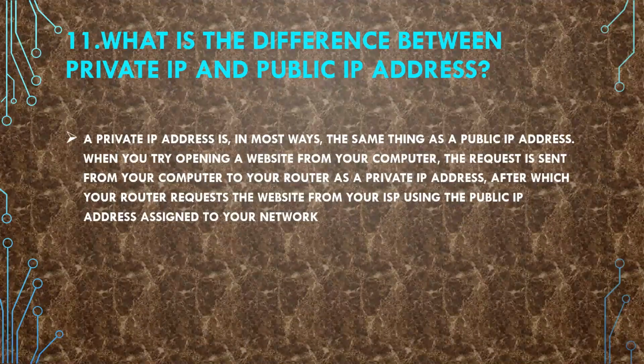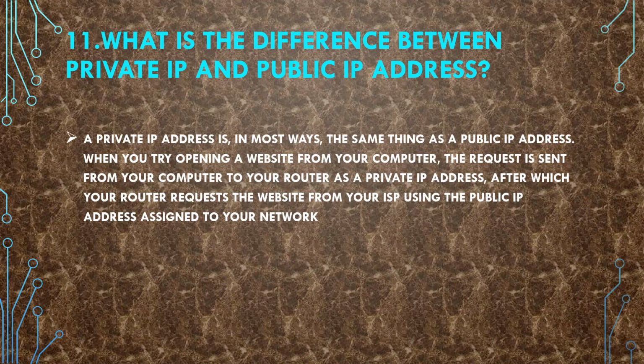So our next question is, what is the difference between a private IP address and a public IP address? The first point that will clear this up is that a private IP address is in most ways the same thing as a public IP address.